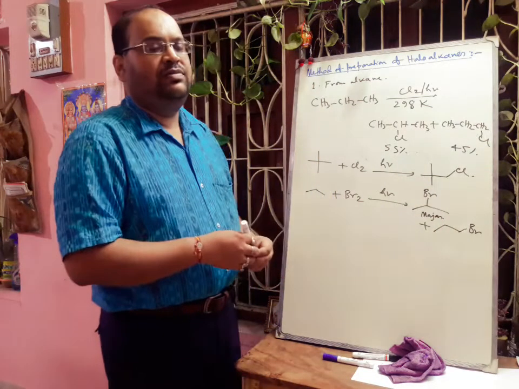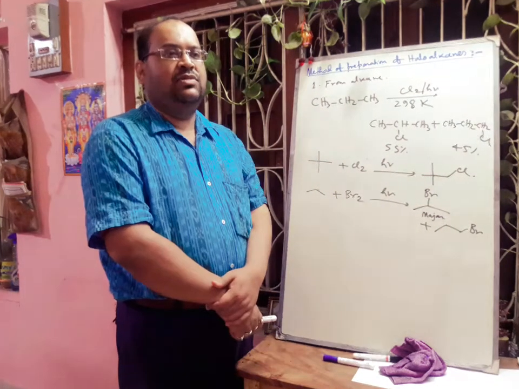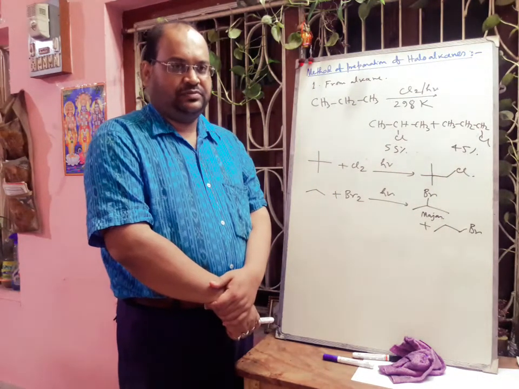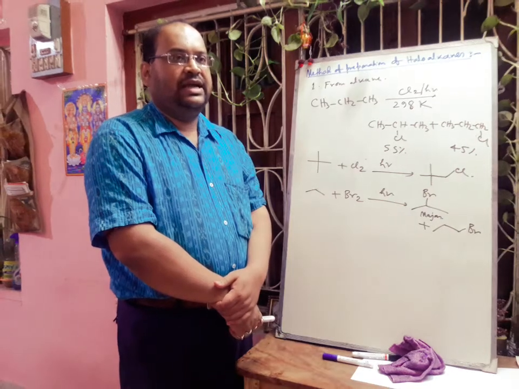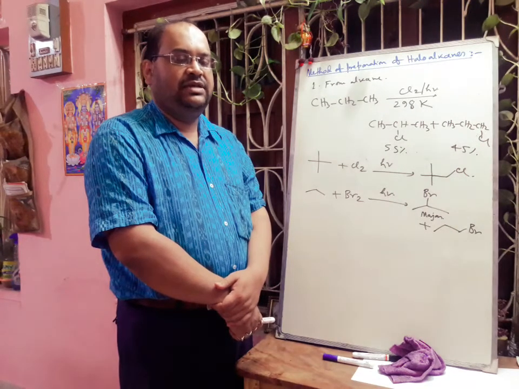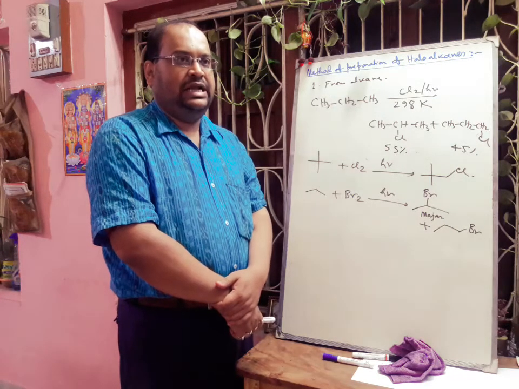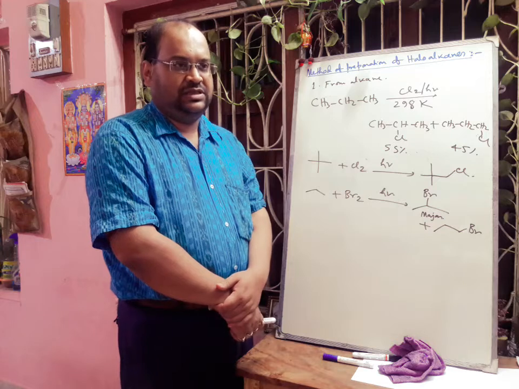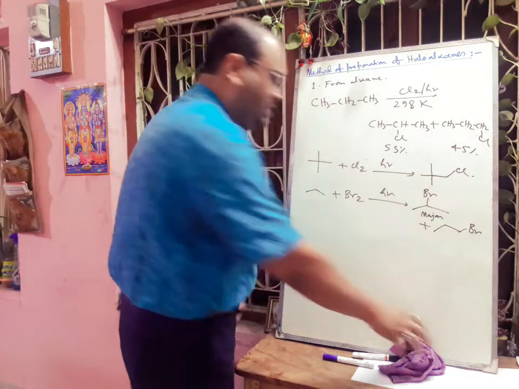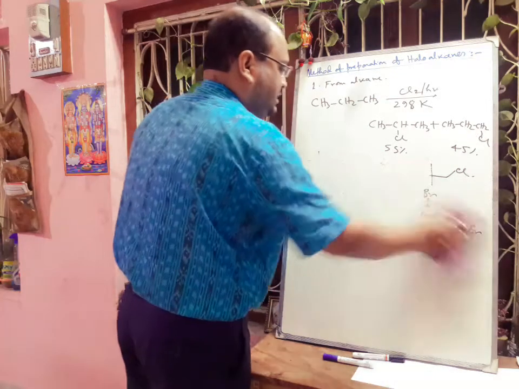Now what will be the mechanism of this type of reaction? The mechanism is a very easy process and it is a free radical substitution process. If I draw the mechanism, then you can easily understand.